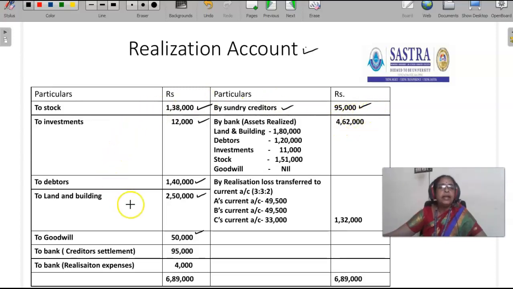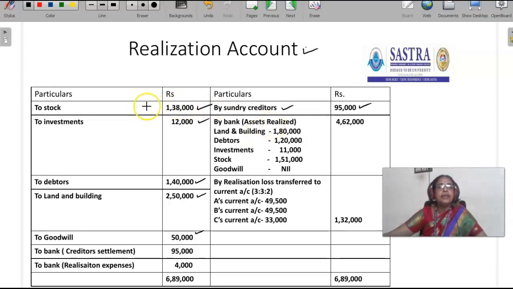So all the assets and the liabilities are transferred. Then the remaining may be the partner's loan account or partner's wife loan account, and then capital account, and then accumulated profit or accumulated loss. Accumulated profit or loss should be transferred to the partners' capital accounts in the profit sharing ratio.